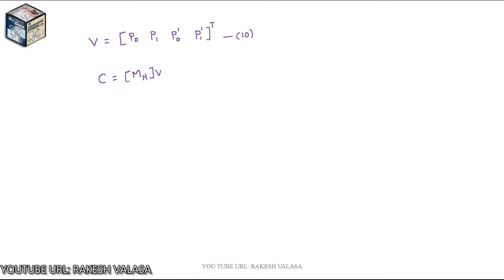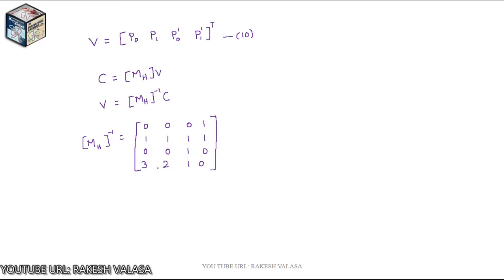You can write V equal to MH inverse into C. You can calculate MH inverse, that matrix is 0 0 0 1, 1 1 1 1, 0 0 1 0, 3 2 1 0. You know how to calculate the inverse of the given matrix.